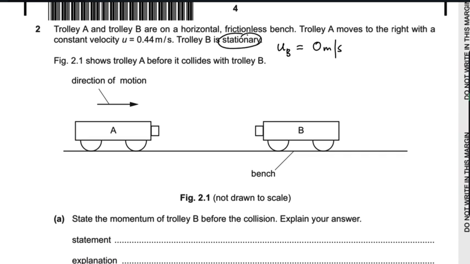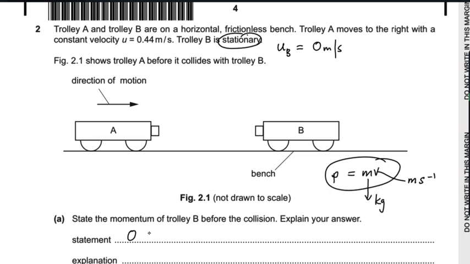State the momentum of trolley B before the collision. Explain your answer. So the momentum of B is 0. Remember, momentum in simple terms, P is equal to mv, where you are multiplying mass, which is in kilograms, and speed or velocity, which is in meters per second.